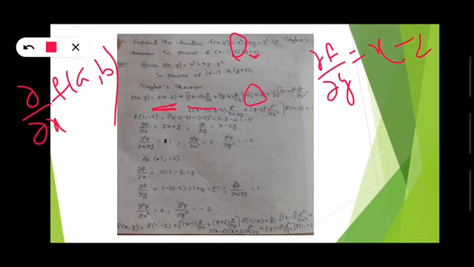If we do the partial differentiation with respect to y, dou f by dou y is equal to: x square will be 0. x differentiation is constant with respect to y. So xy differentiation will be x, and minus y square differentiation is minus 2y. So x minus 2y, that is dou f by dou y.